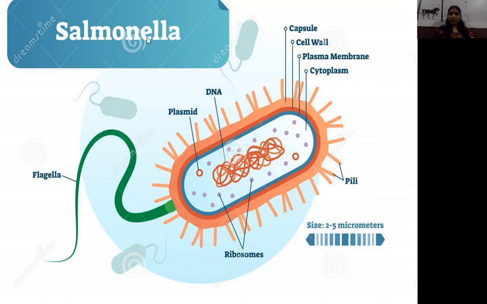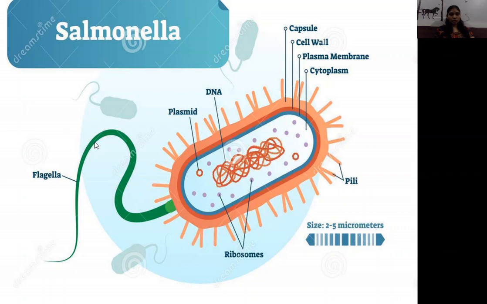The pili and flagella function in movement. If Salmonella typhi is mixed with water, the flagella and pili help it swim in the water. The cell contains different cell organelles and genetic material.